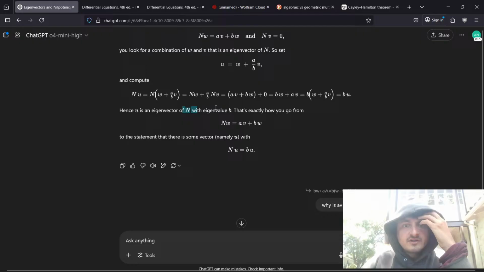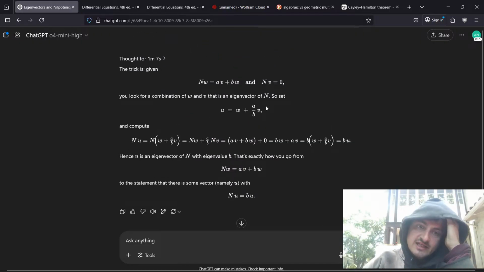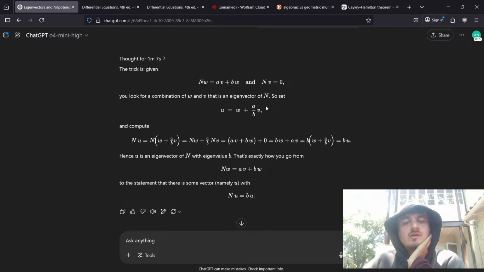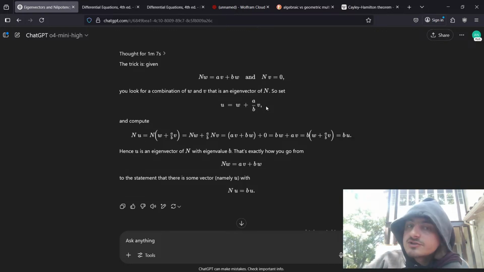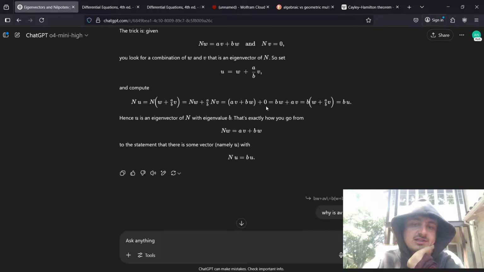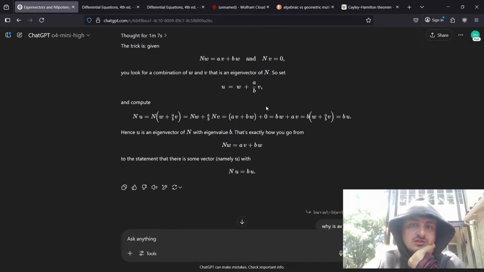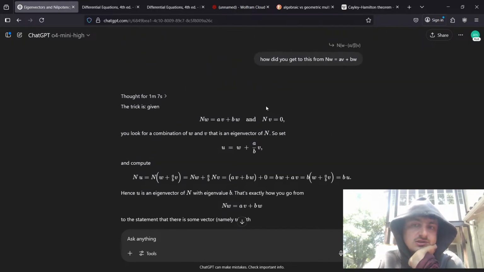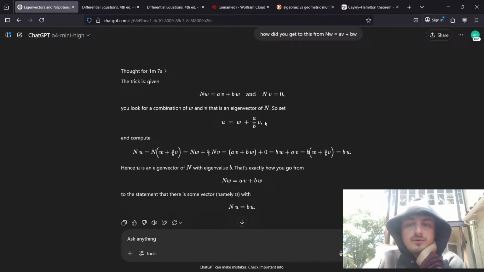Hence, U is an eigenvector of N. So basically what we're saying is that N is going to project something onto its eigenspace. And then if you do it again, it's going to go to 0. Wait, hold on.